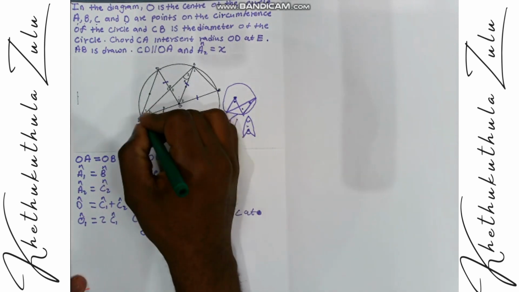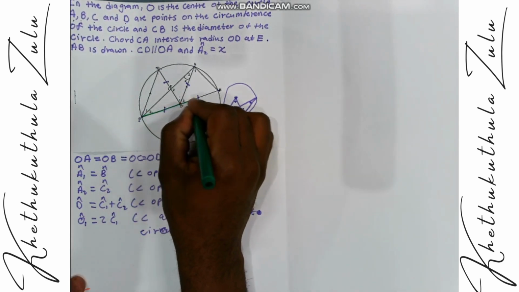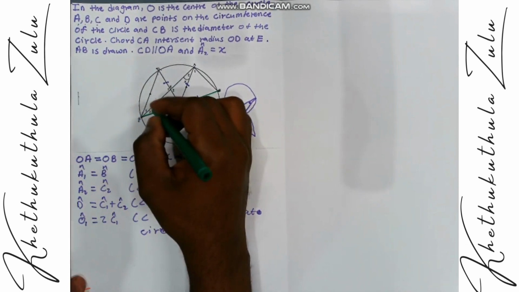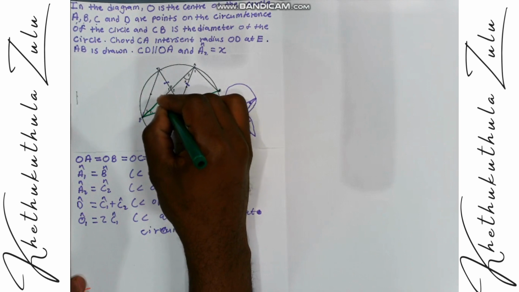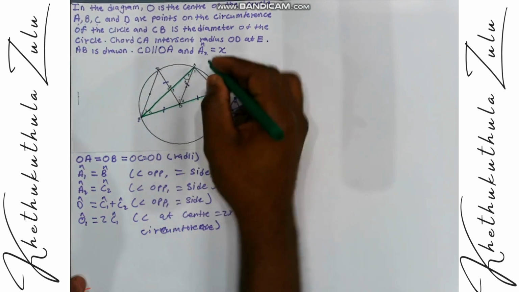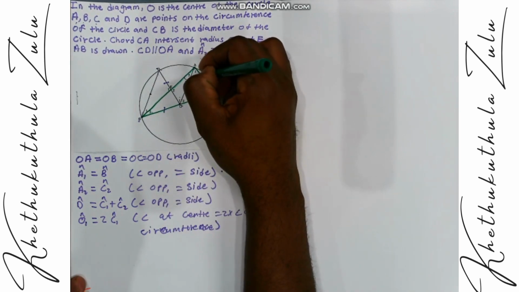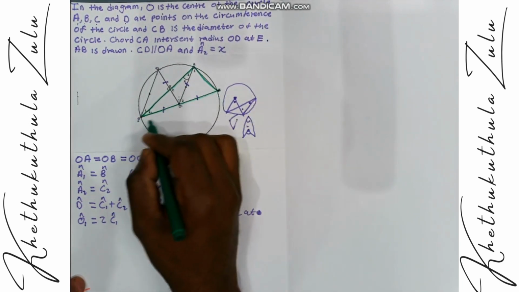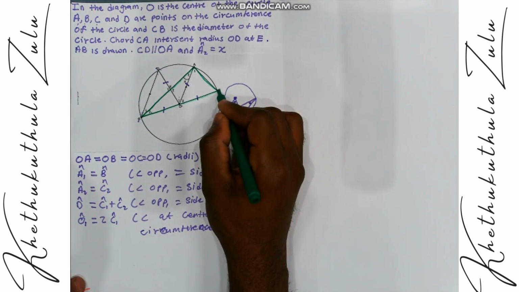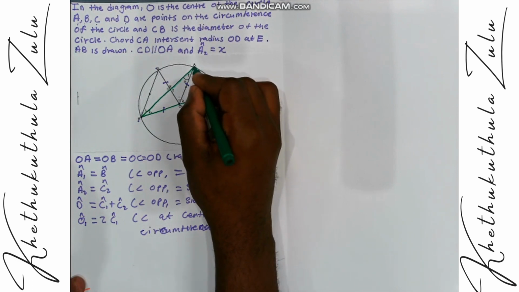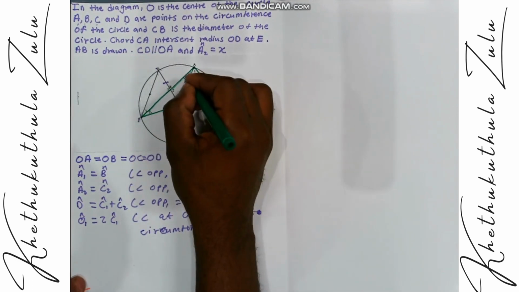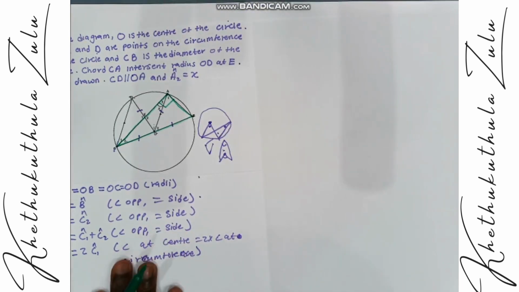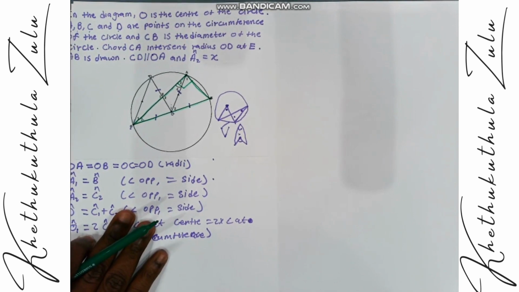If this is a diameter, I hope you remember the angle in a semicircle. We have the diameter, and we have a triangle forming here, touching this point on the circumference. Now this whole angle here is 90 degrees.